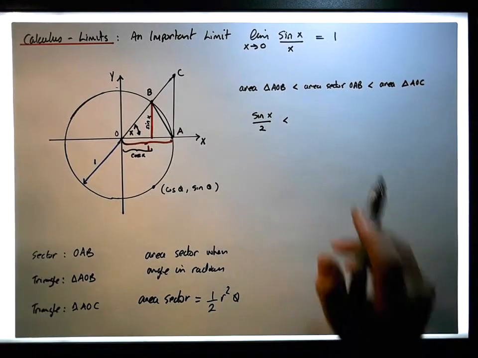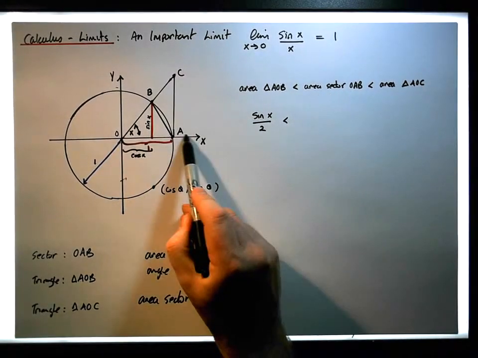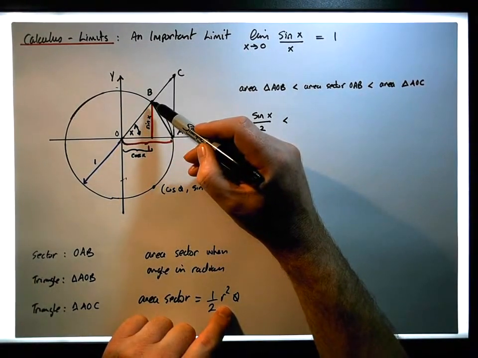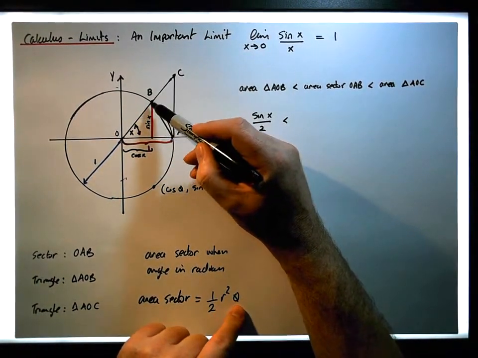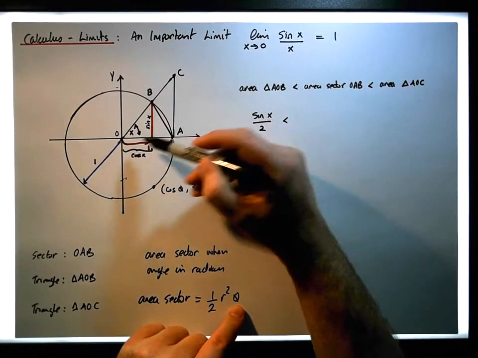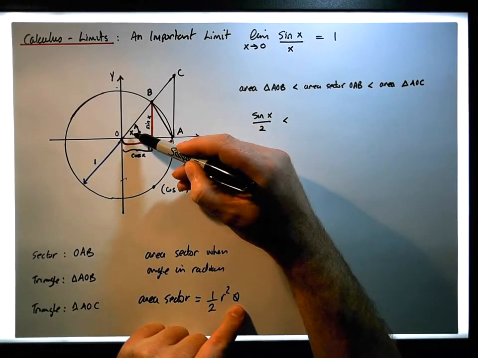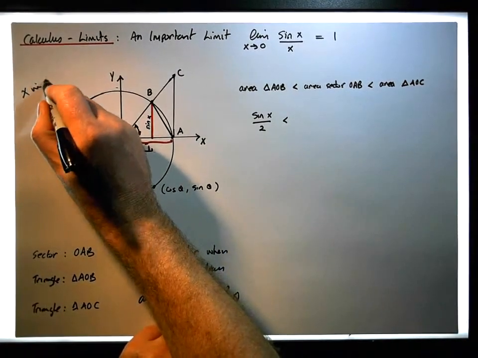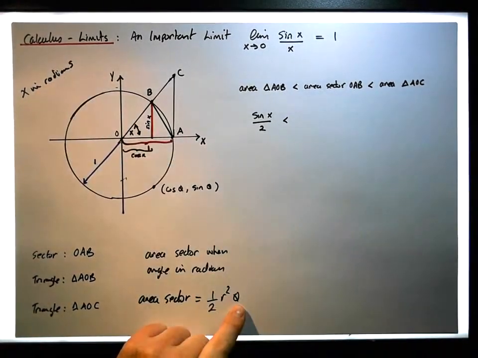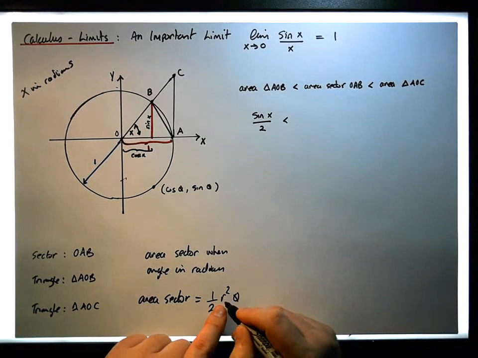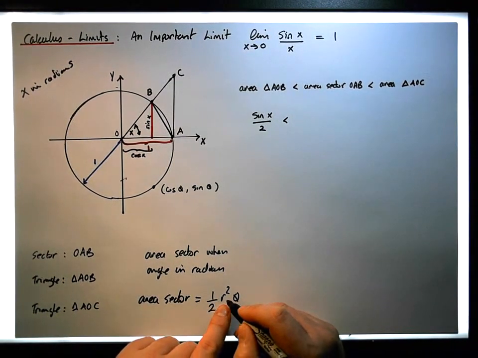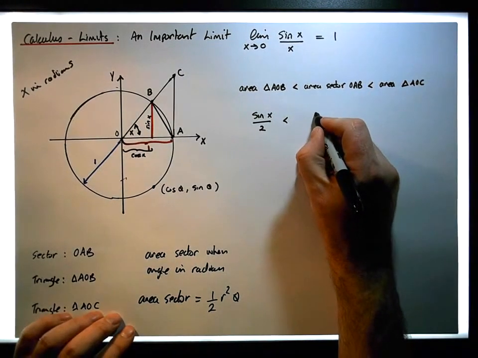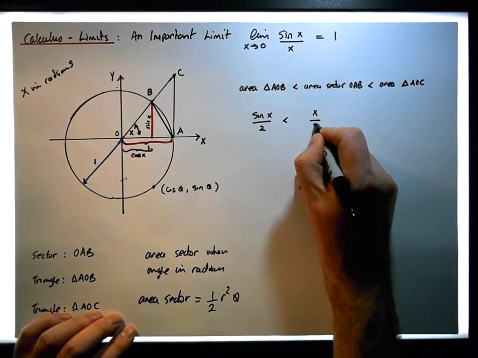So the area of this particular sector OAB: its radius is 1 unit because it's on the unit circle, and the angle it makes with the positive x-axis is x in radians. So r squared is 1 squared, which is 1. So it's a half times 1, which gives a half, times the angle x. So we end up with x over 2 here.